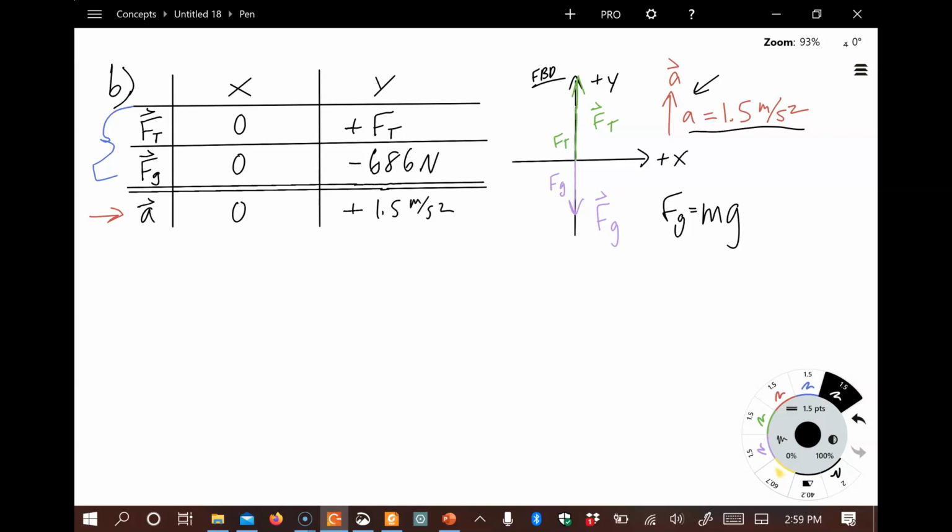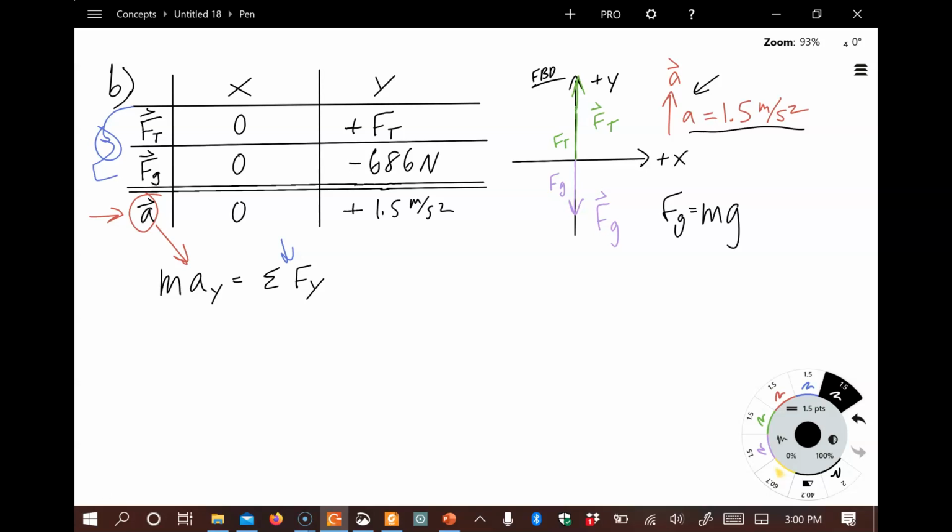From here, we're going to go back and feed this data into Newton's second law again. So the mass times acceleration in the y direction is equal to the sum of the forces in the y direction. And again, acceleration, I'm going to feed that in there. And the forces, we're going to take these guys here and feed them in there.